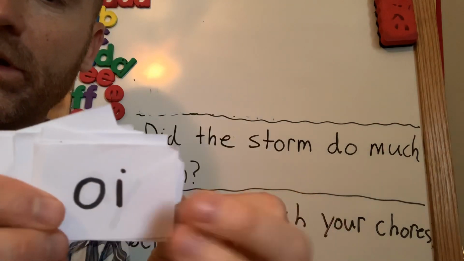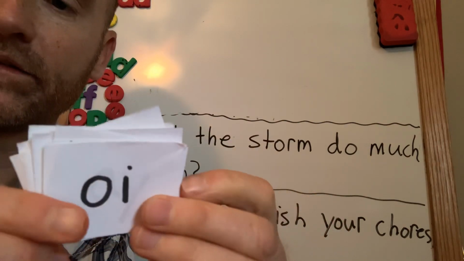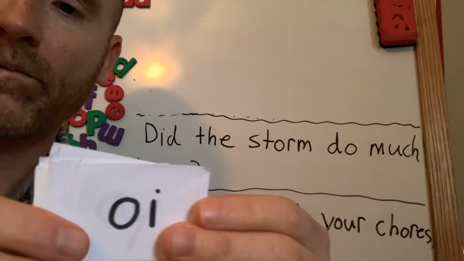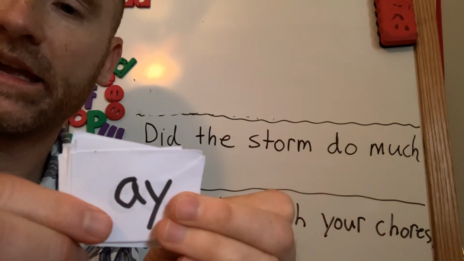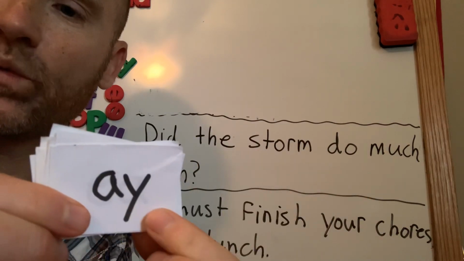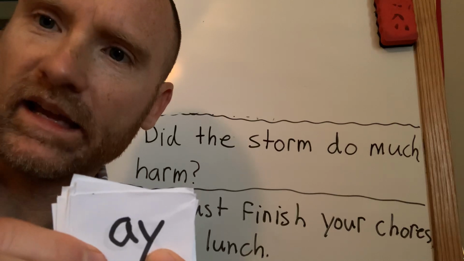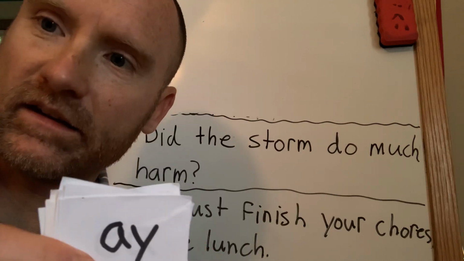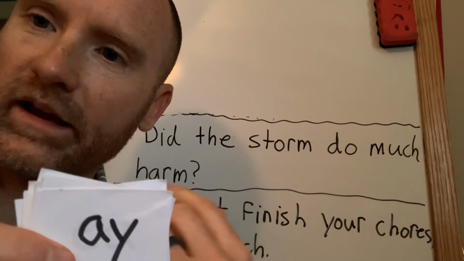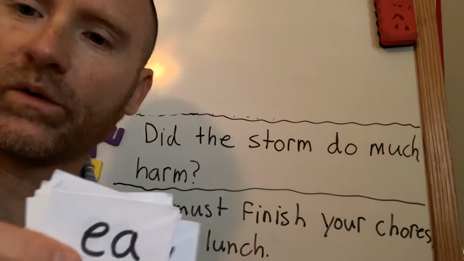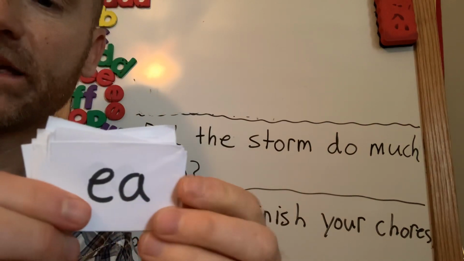A. Oi. Okay. A. Here's the thing about the ones that end with Y: they always come at the end of a word. A-Y, O-Y, okay? Always come at the end. What sound?